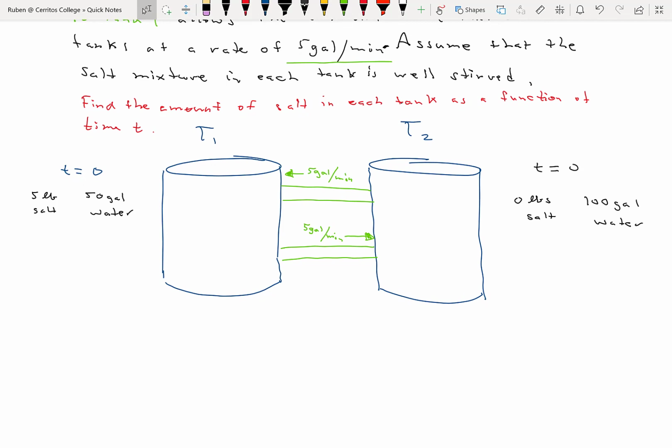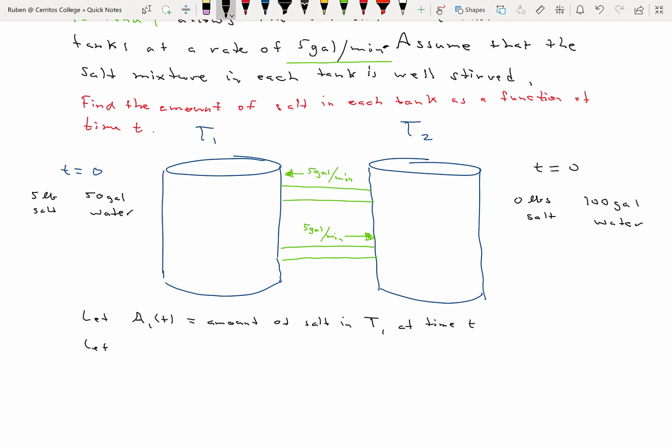So let's identify some variables. I'm going to let A1 for amount in the first tank, A1 of t, equal the amount of salt in tank 1, T1, at time t.